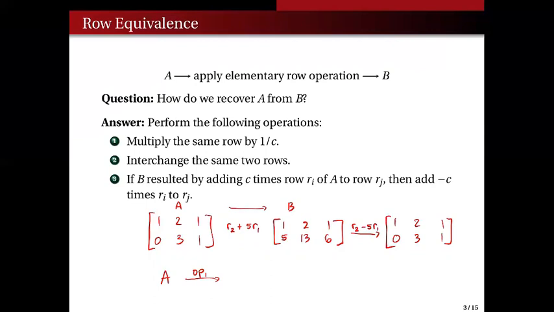So you will have some matrix in here, and then operation 2, another matrix in here, and then maybe operation 3, and then you'll get B. If these operations are elementary row operations, meaning this one, or this one, or the other set, then these two matrices, A and B, are row equivalent.